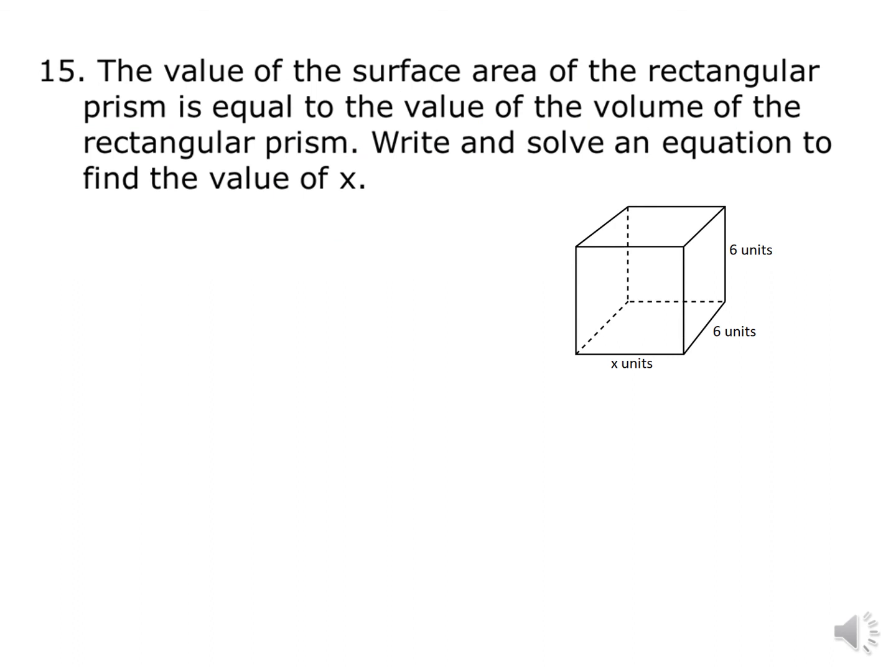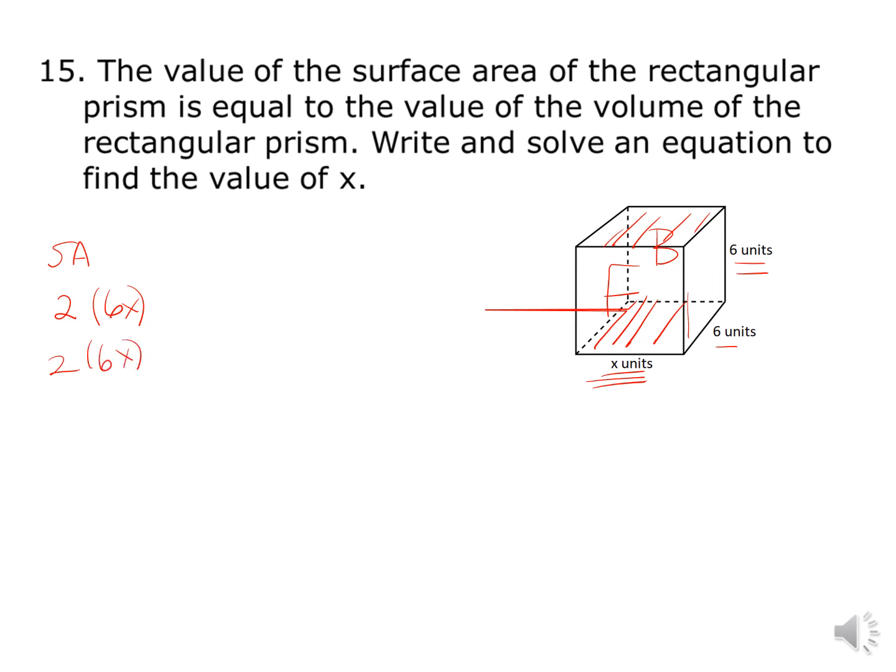Okay, for this diagram we need to figure out our surface area first. So the thing I notice is I've got two sides, top and bottom. So there's the top and the bottom, and both of those are x by 6, so 6x. And then I've got two sides, front and back, and those are also x times 6, okay?